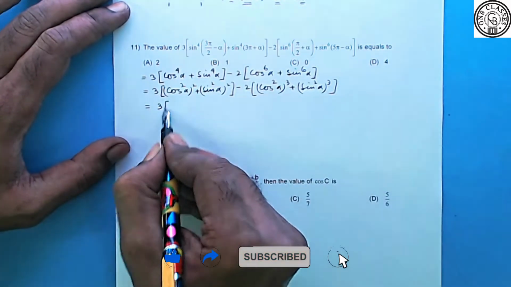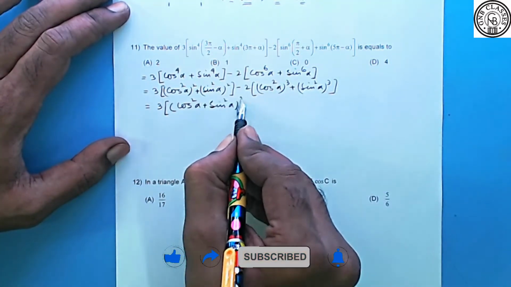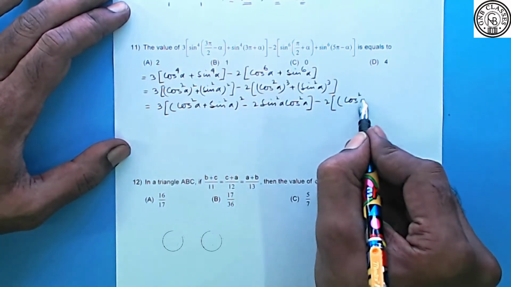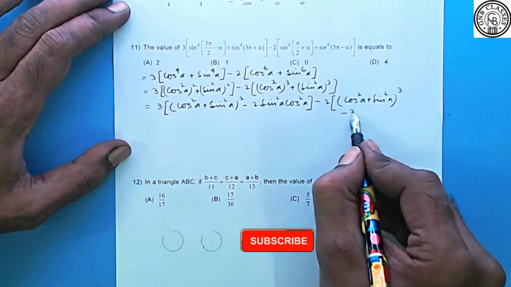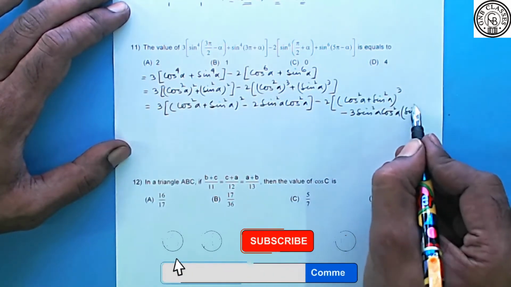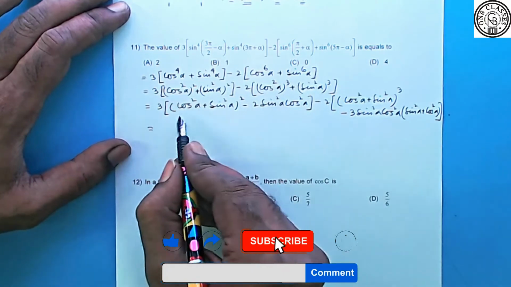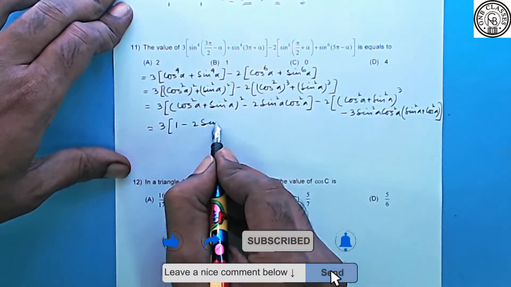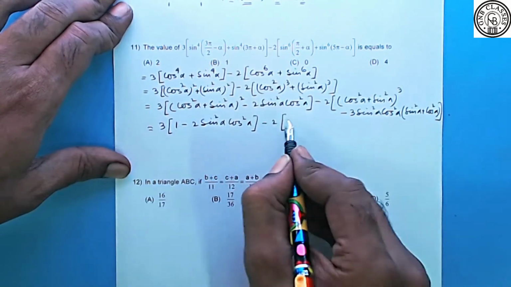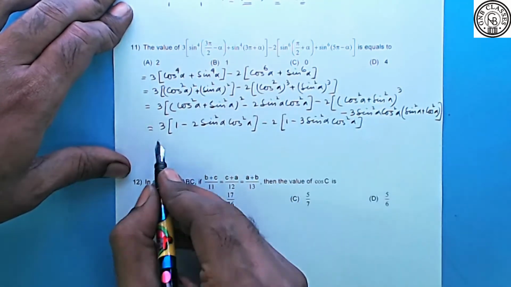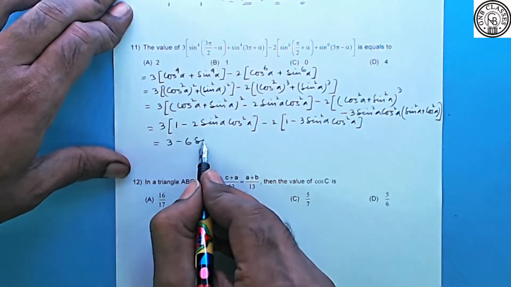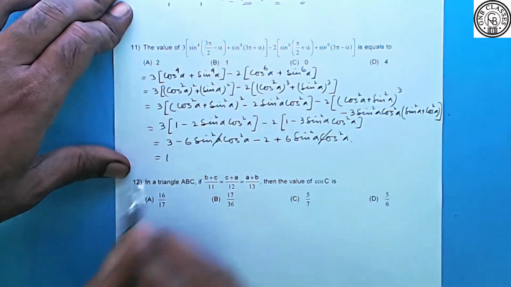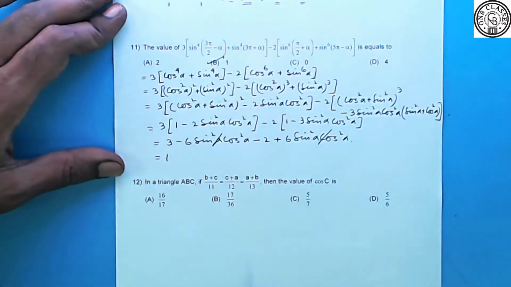So we are having, for the second one, sin square alpha plus cos square alpha is 1, so it gives you... if I open the brackets... so the answer is 1, hence option B is correct.